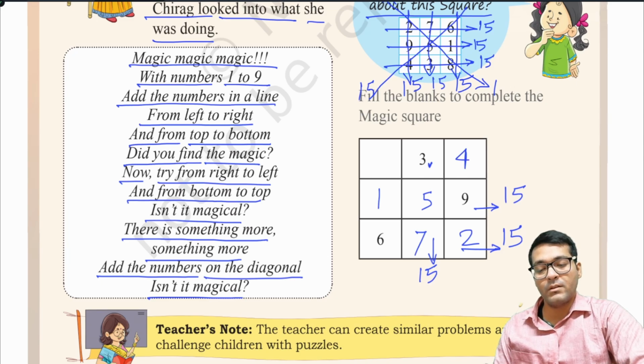Then 6 and 1, 7, 7 and 8 will give you 15 in this direction and in this direction also. And in this too. If you check from one corner to another, you will get 15 diagonally and 15 in this diagonal.